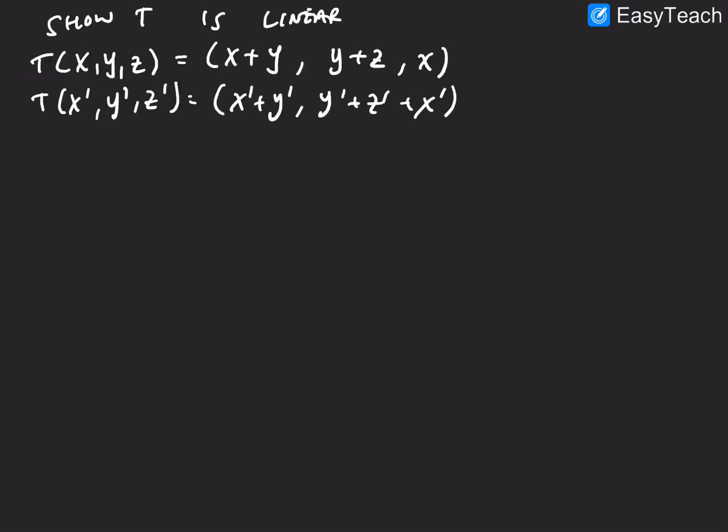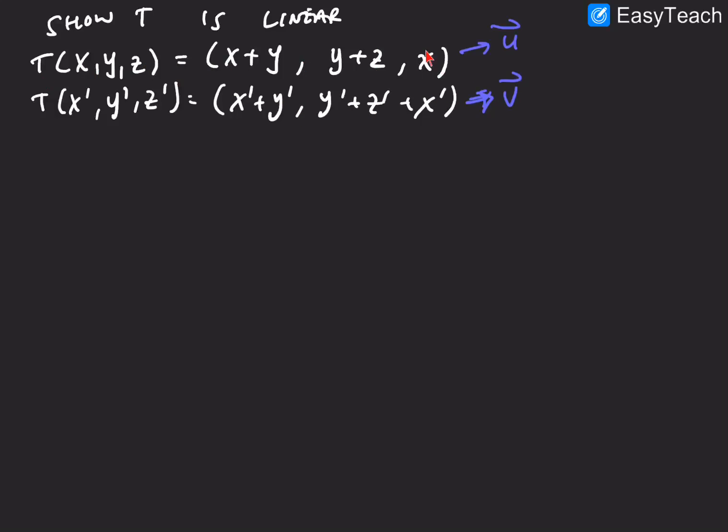Okay, so we want to show that T is linear, and it gives us this T first, but remember, we have to prove that it meets those conditions. So this is basically like my u, and this bottom one with the prime is basically like my v. So now what I'm going to do is prove that these conditions hold. And to be clear, this second line here, this quote-unquote v, I made that up.